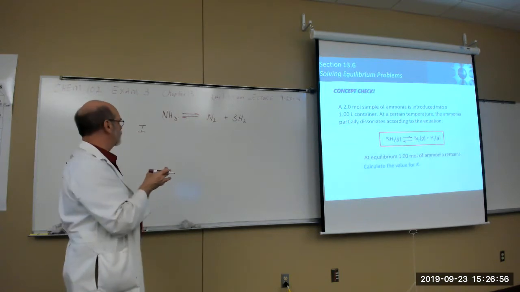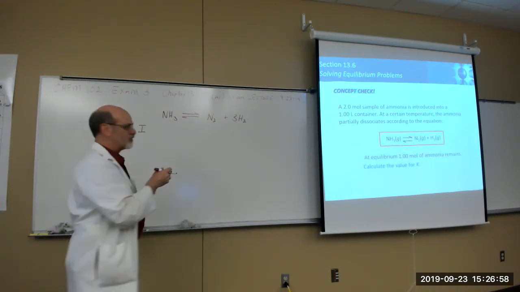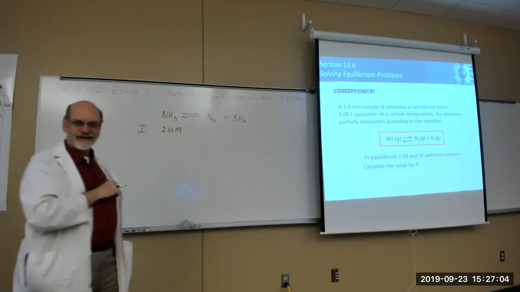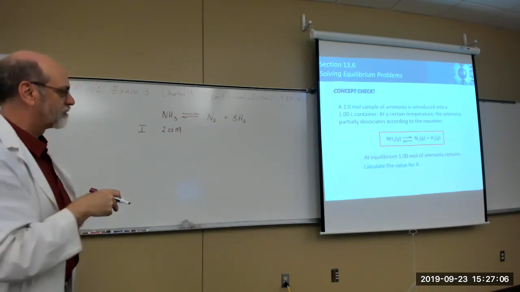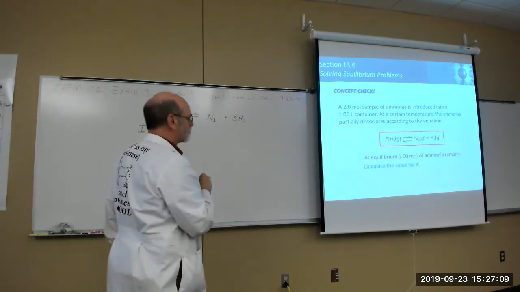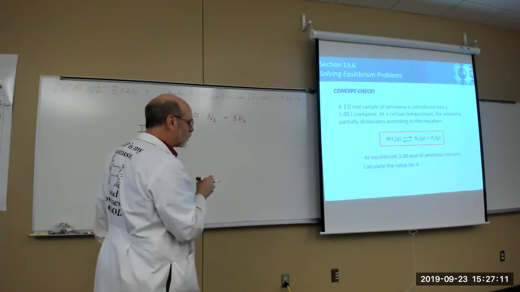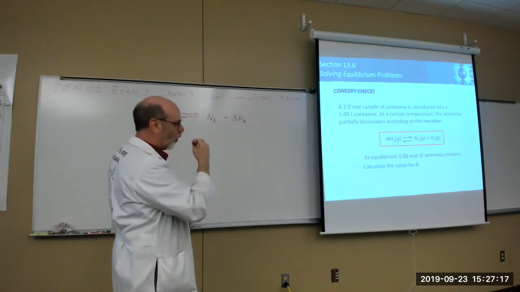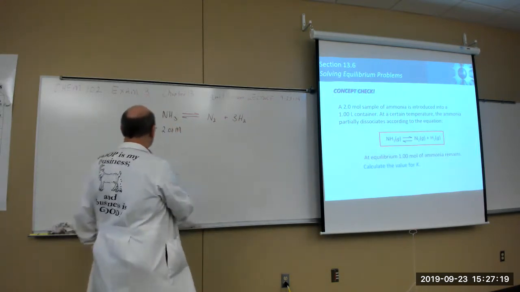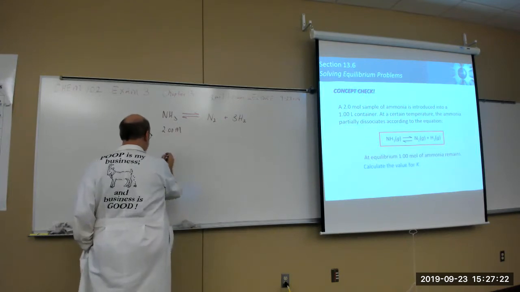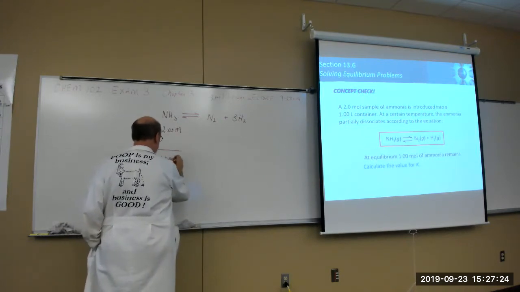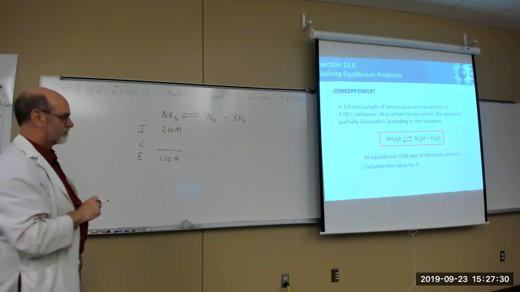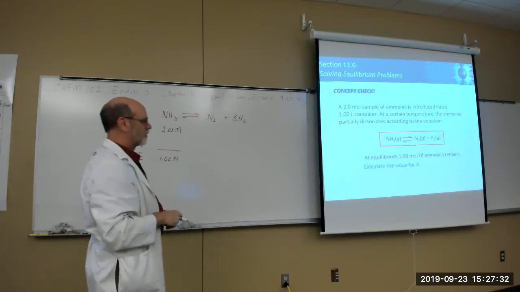The concentration of ammonia is 2 molar, moles per liter. And at equilibrium, 1 mole of ammonia remains, so we have 1 molar because the size of the container didn't change.